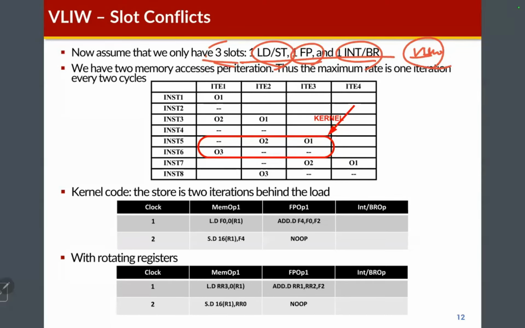So in this case, we need to generate the kernel of the software pipeline like this. Then the kernel occupies two slots. Which means that this is the number of clocks for one kernel, and this one kernel consumes 2 clocks for the performance.